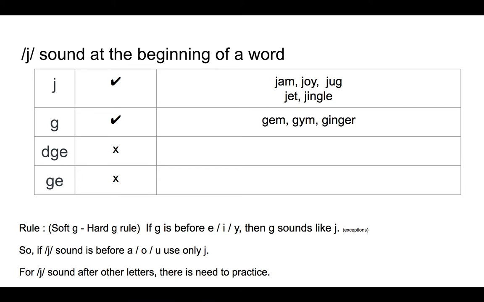So if the J sound is before the vowels A, O or U, we use only the letter J. For the J sound before other letters, there is no specific rule, so there is need to practice.